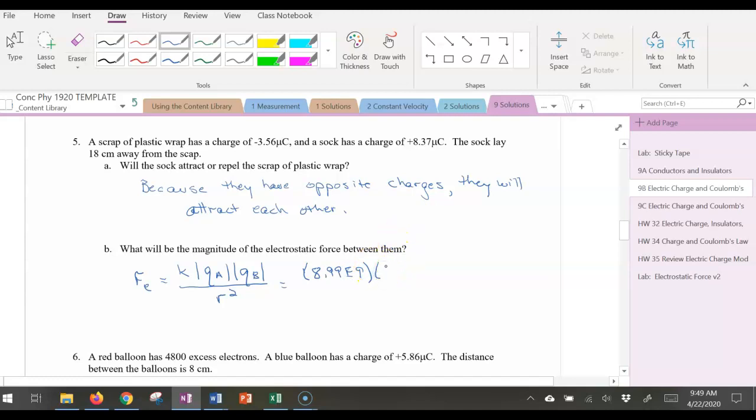The first charge, and I'm just ignoring the negatives, is 3.56 times 10 to the negative 6, because micro means 10 to the negative 6. The sock has the charge of 8.37 times 10 to the negative 6 coulombs. They're 18 centimeters apart, but in this formula I have to put their distance in meters, and 18 centimeters is 0.18 meters, and I need to square that distance.